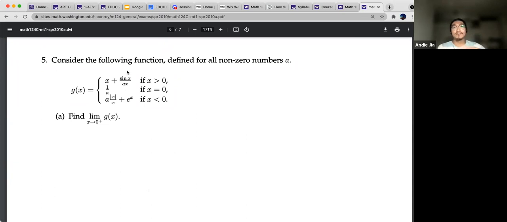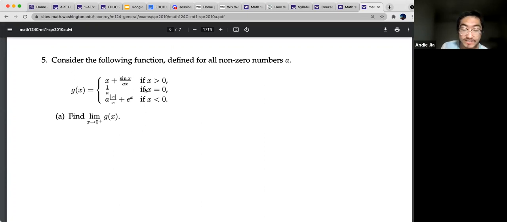And here's another problem. We have, for x larger than 0, x plus sine of x over ax. So we know the limit of sine of x over x is 1.